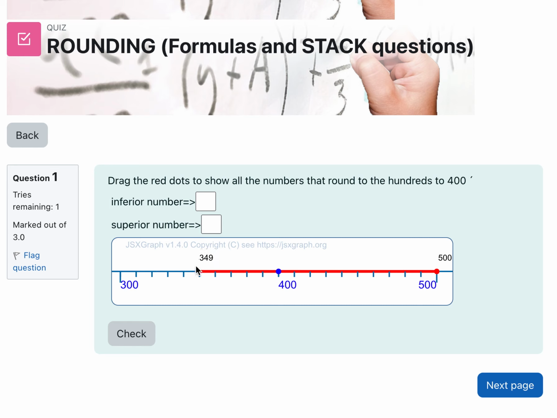For example, here we have to see all the numbers which round to the hundreds, to 14, and then we have to answer this, and then to put the numbers here, and then the system checks if it's okay.